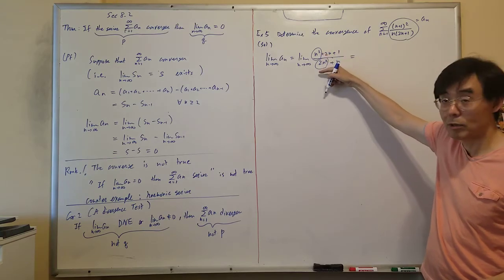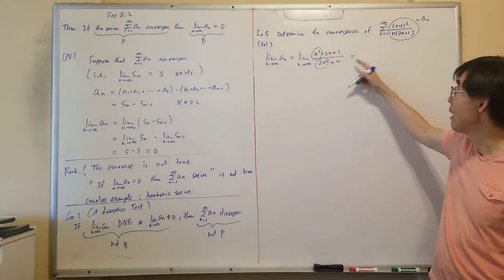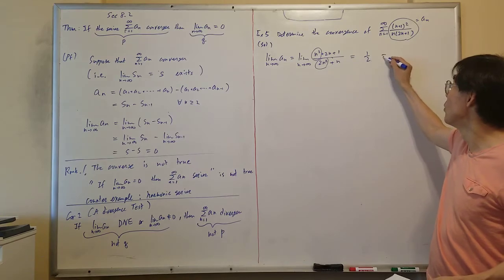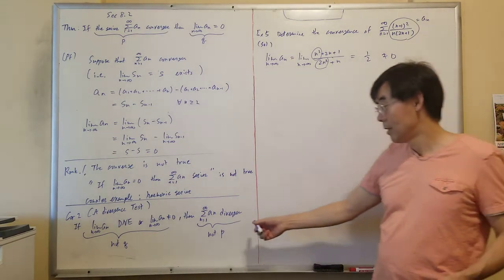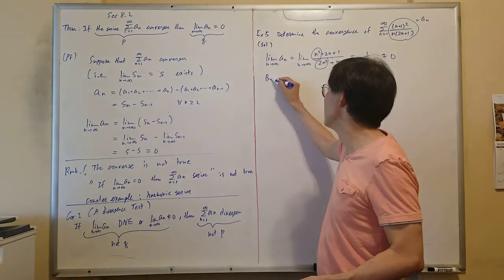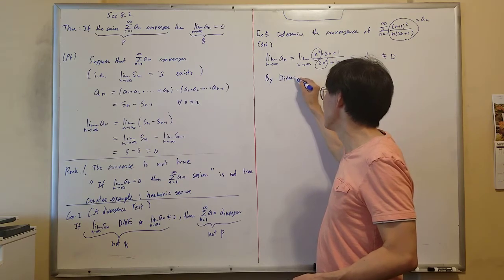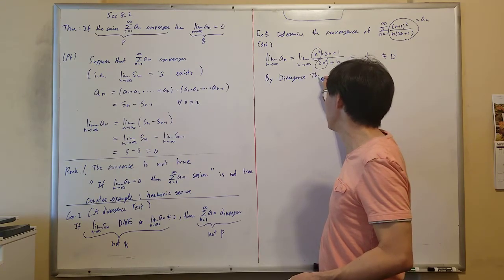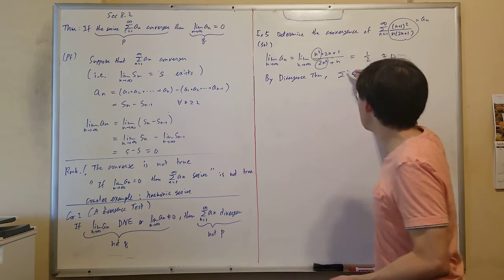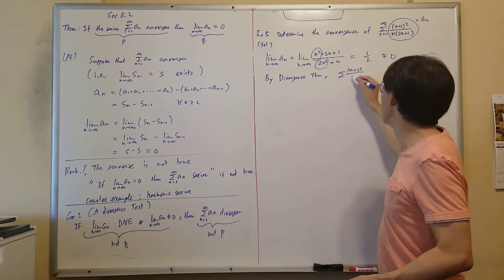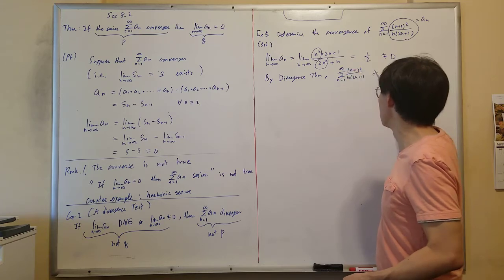This is basically n squared over 2n squared, which is 1/2, which is not 0. By the divergence theorem, this series is divergent. Diverges.